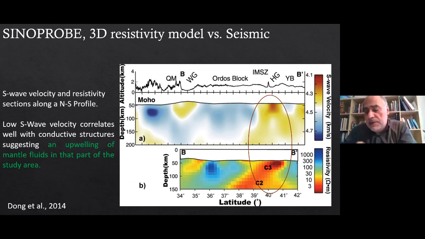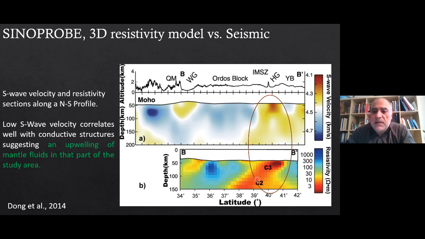Knowing that the shear wave velocity decreases in the presence of fluid, it is easy to interpret such a conductive anomaly as an upwelling of mantle fluids in that part of the study area. What I want you to see here is a nice correlation between decreasing shear velocity and increased conductivity in that part.